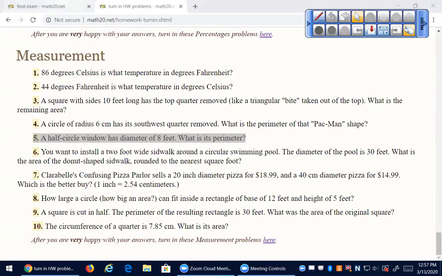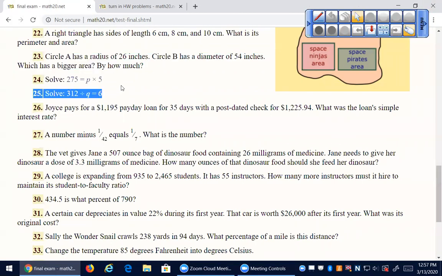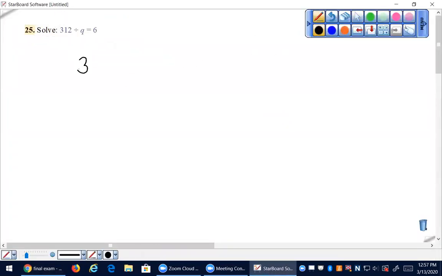Okay, so back to the actual practice final. We need to do the one-step solving equations. I think I need to do the division one because someone has missed that before. So 312 divided by Q equals 6. What's the opposite of divided by Q?